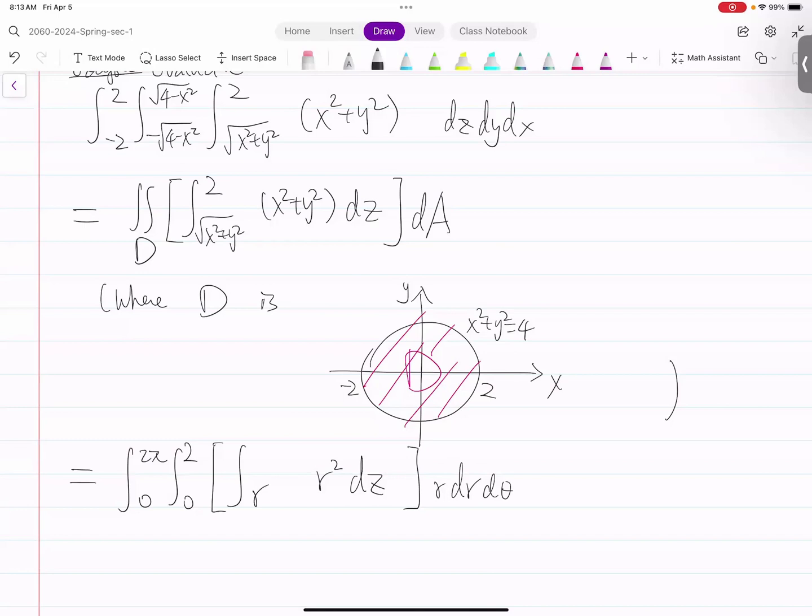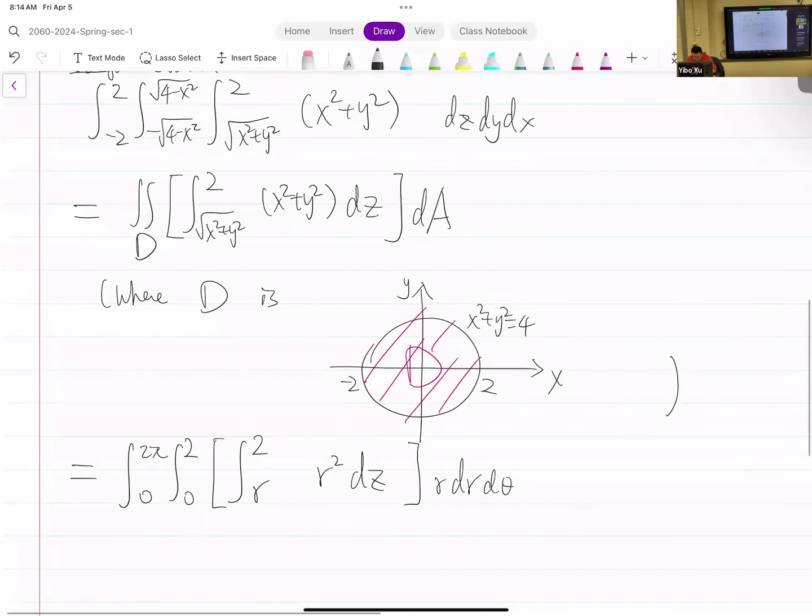Here we have non-negative r values, so it's good. This is the polar coordinates that we do right here, so that the radicals are all gone.